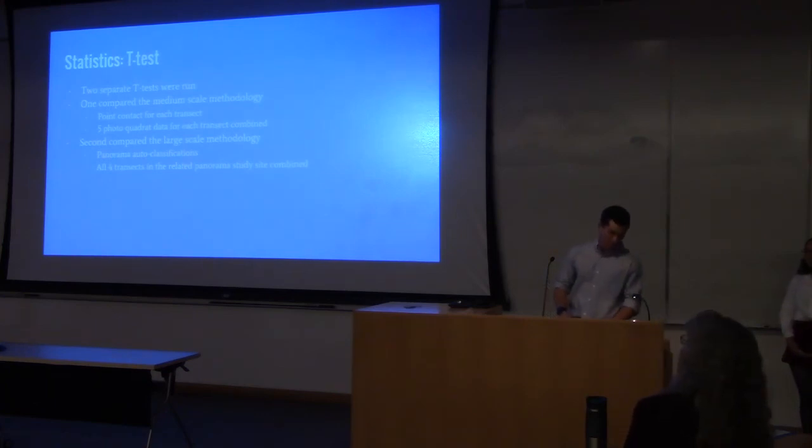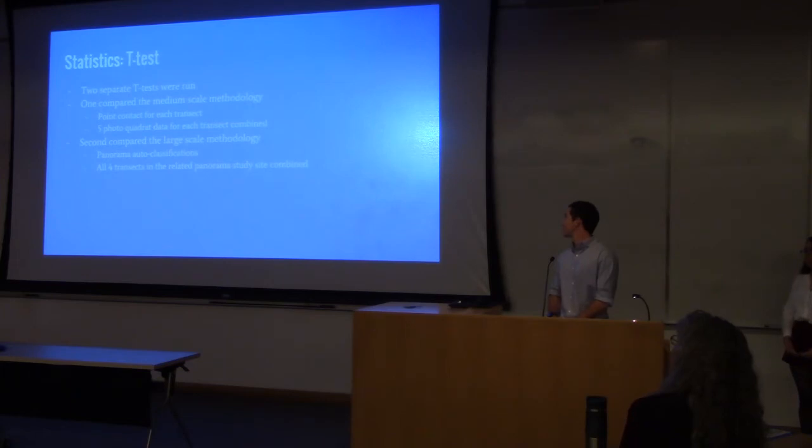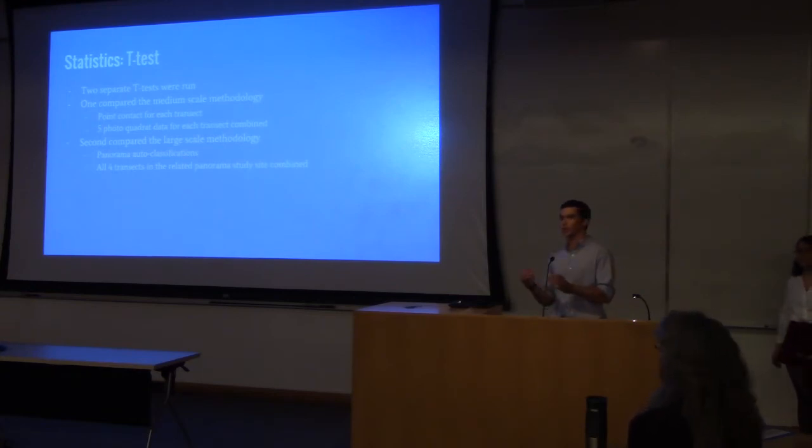And then for our statistical analysis, we used 2 t-tests. The first one compared the 2 medium scales, which were the marine point count system compared to the photo quadrat transects.